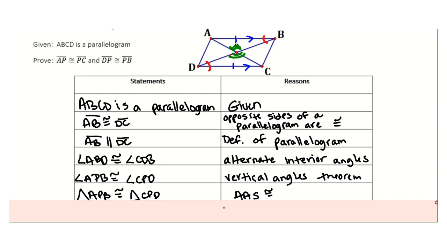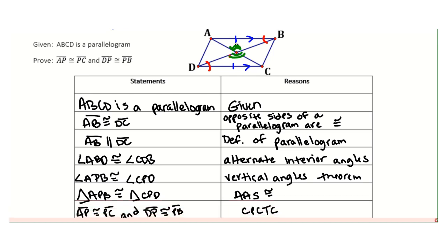Well, if I know that those two triangles are congruent, then I can say that their corresponding parts are congruent. So line segment AP is congruent, let's use 2, to PC, and that DP is congruent to PB. And we know that because corresponding parts of congruent triangles are congruent.